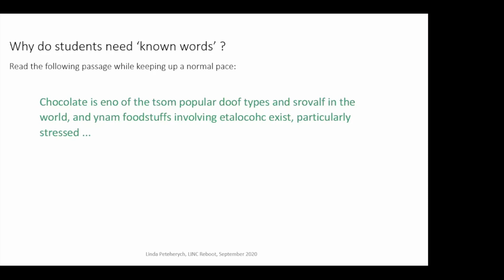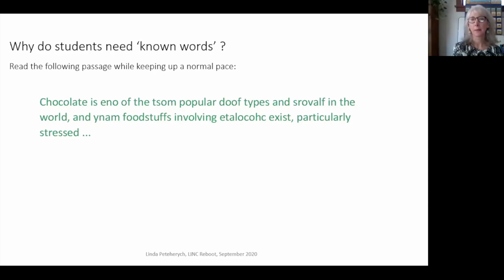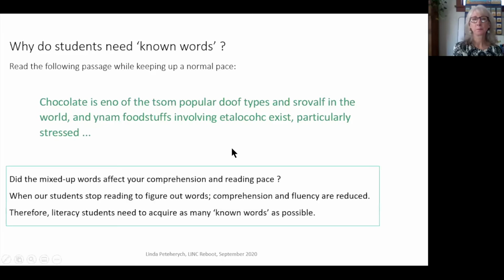Yes. Right. So when our students stop reading to figure out words, comprehension and fluency are reduced. Therefore, literacy students need to acquire as many known words as possible so that they can keep up a fluent pace and keep that meaning developing as they read.